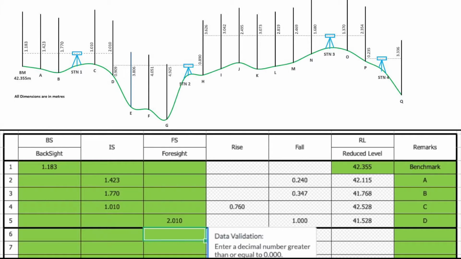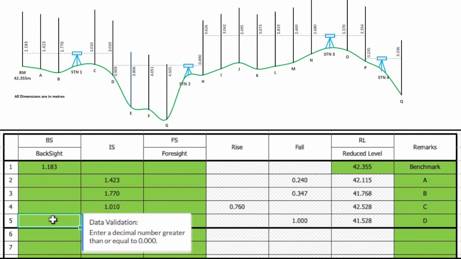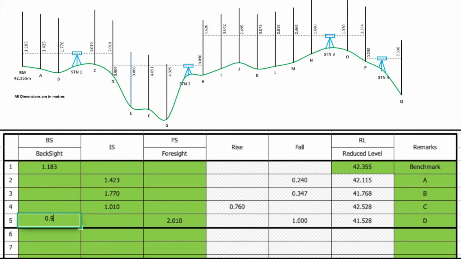Then the first reading taken at station 2 is sighted back to point D. First reading is a backsight reading and goes under the backsight column. The value is 0.909.